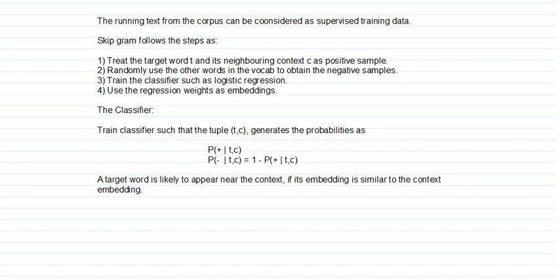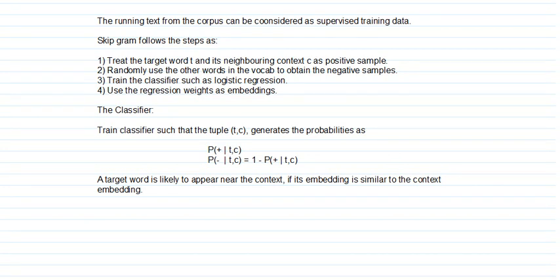So we saw in the previous classes also that the embeddings are in vector spaces, and if the two words appear near to each other, then their embeddings in space will also be near to each other. So near to each other means that they will have a very large value of the cosine similarity, right? So a target word is likely to appear near its context if its embedding is similar to it, but we don't have the values of t and c or any vector in the form of t and c.